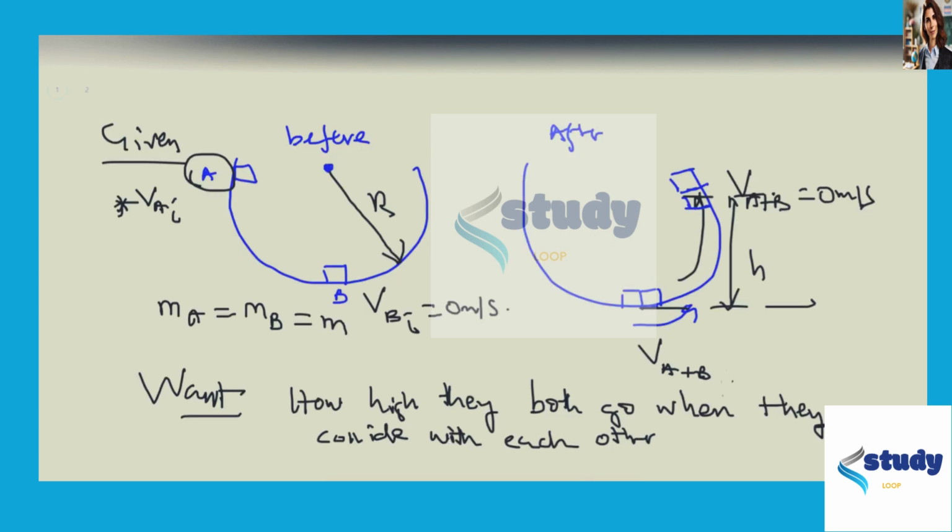And you can see that this radius will give us the initial height from the base of the circular path. So this is going to be r.